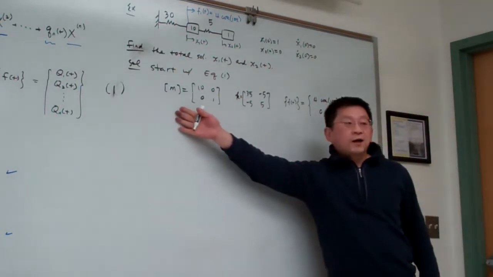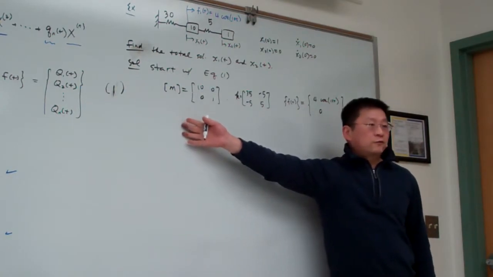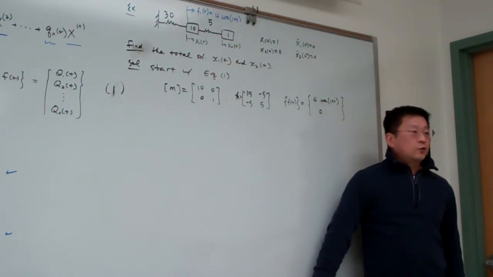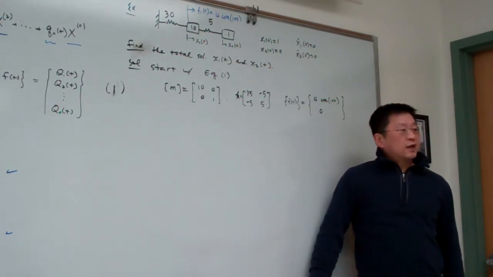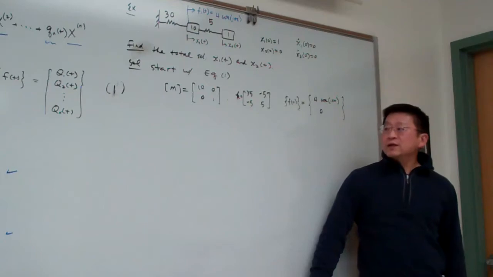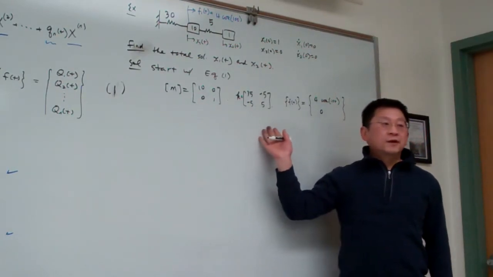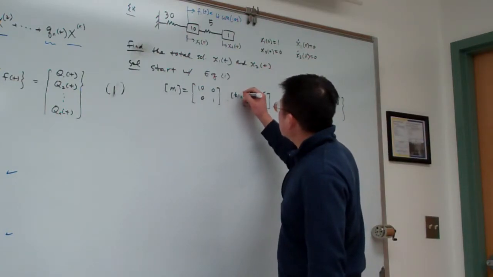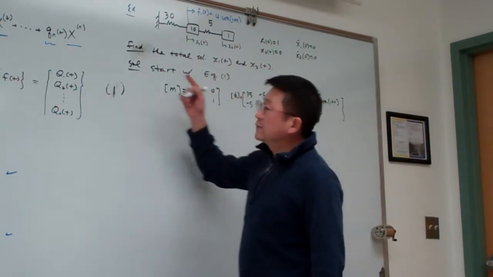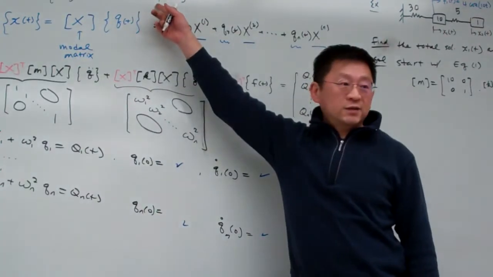This is the result from deriving the equations of motion. That is part of the exercise from the very beginning of this chapter. So the M and K matrices are in terms of the matrix representations.